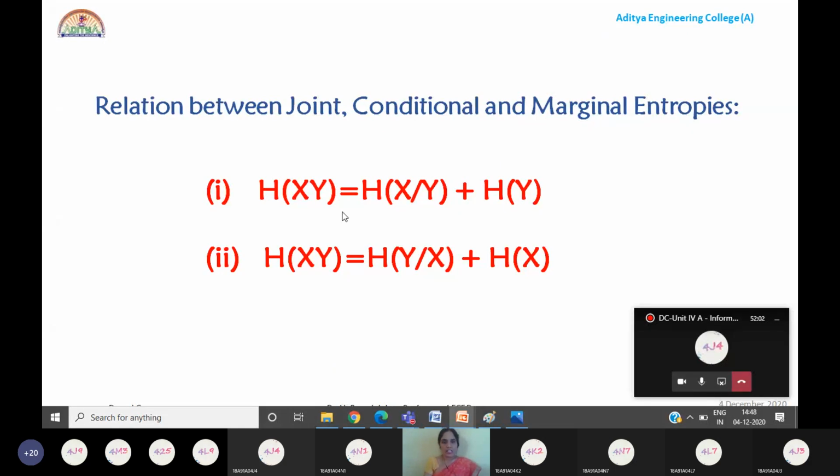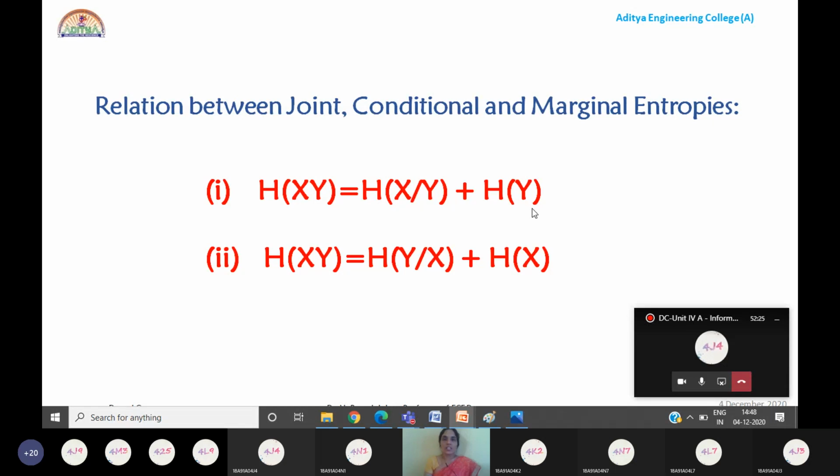See here you can see two relations. One is h of xy is h of x by y plus h of y. A joint entropy is equal to conditional entropy h of x by y plus h of y.